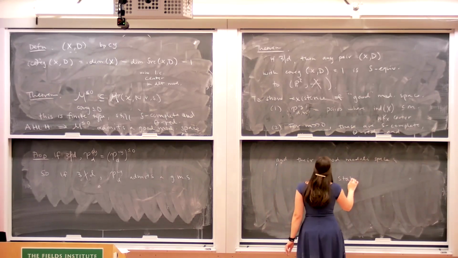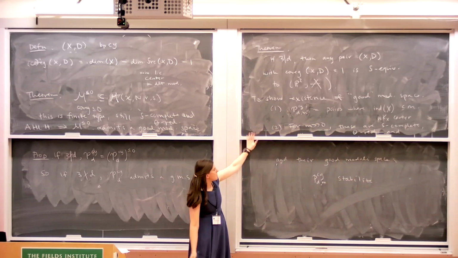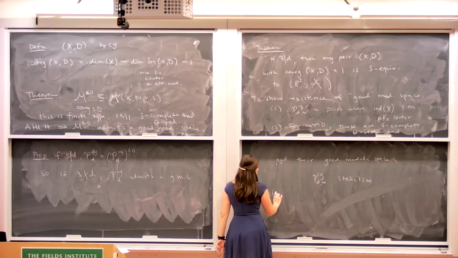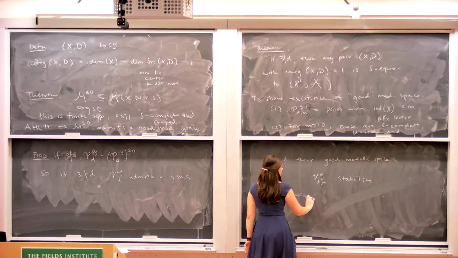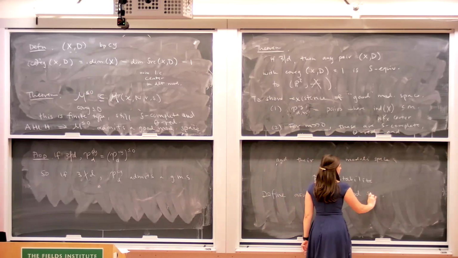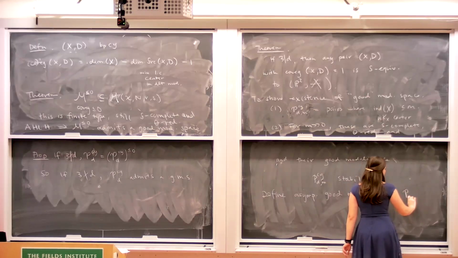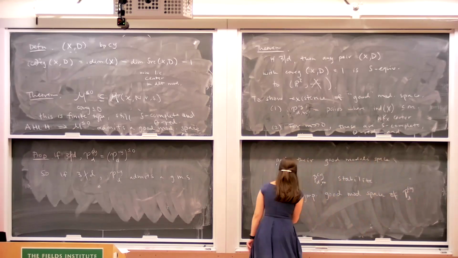And the key input is this top theorem. And so then we can just define the asymptotically good moduli space of this PDCY without the M to be this stabilization.